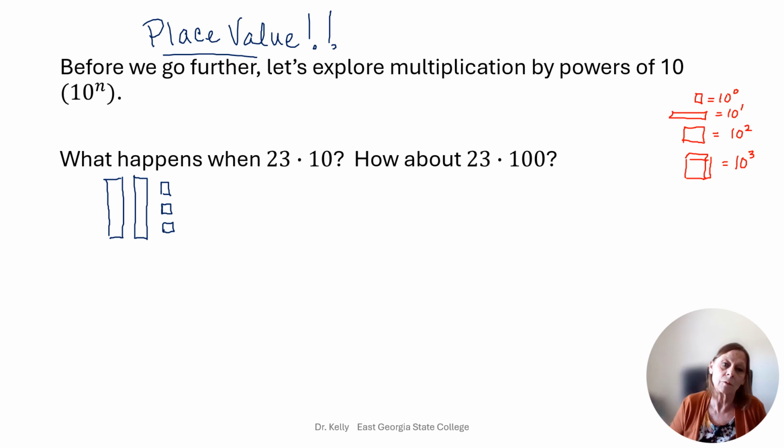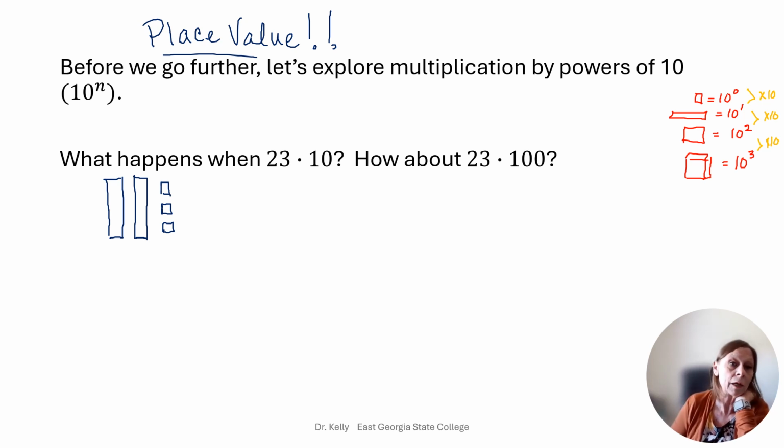So notice when we go up, we're actually multiplying by 10. That's really what's happening here. So you can start to motivate this idea with students by exchanging these or going up to the next value.